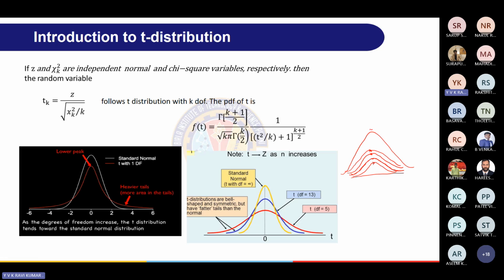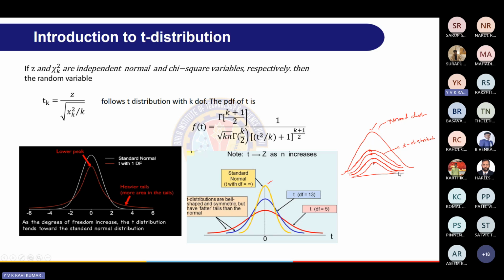That means the generalized thing is our Z distribution, the normal distribution, where it will have some delicacy up to some points. That is where it says that it follows the T distribution. That's why the T distribution curves are nothing but shades of the normal distribution, the standard normal distribution.